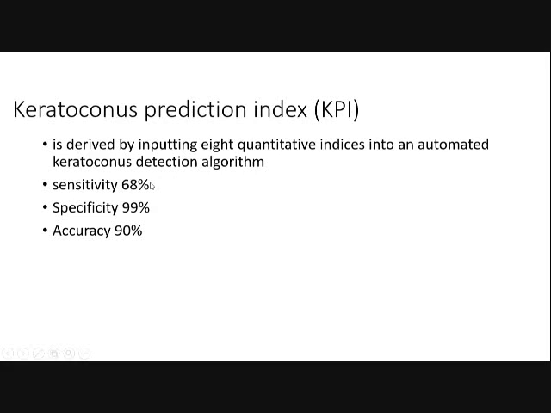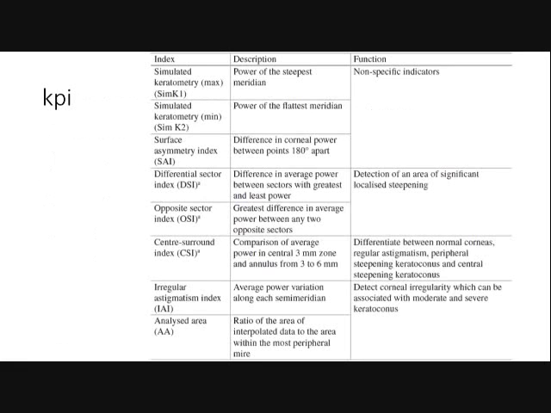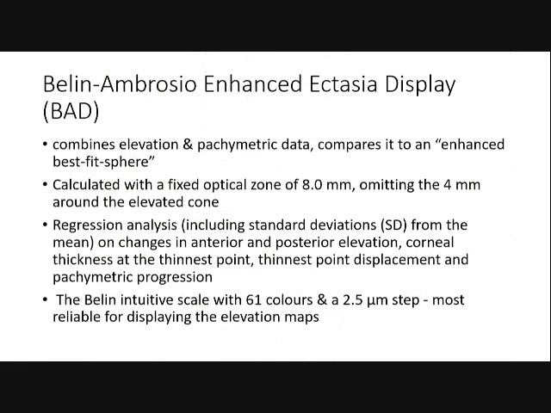It's not perfect, it has sensitivity and specificity limitations, but accuracy is about 90%. So this is KPI, and all the 8 indices, which include the ASI and SAI and SRI and IS, are included in it.